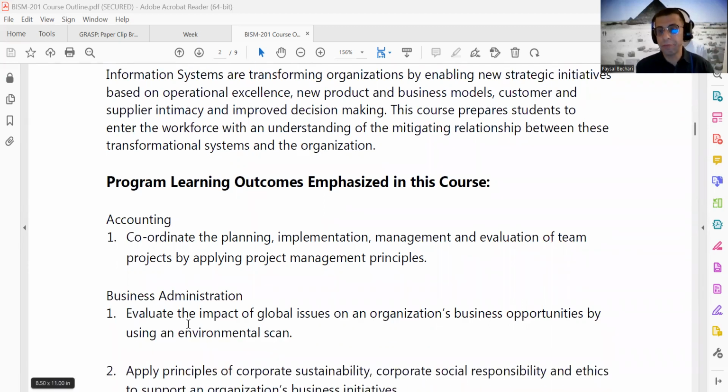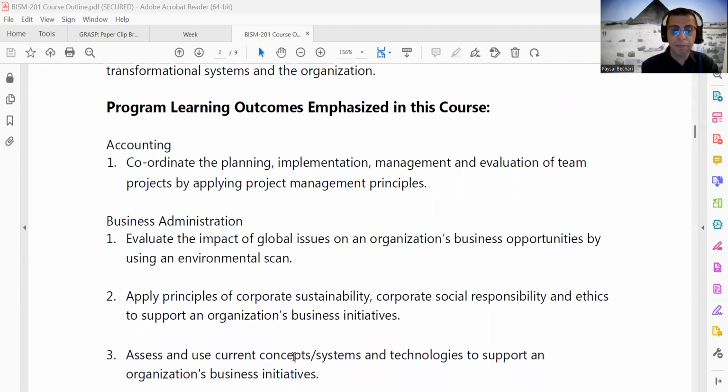We'll do business administration, where we evaluate the impact of global issues on organizational business opportunities by using the environmental scan. We're also going to apply principles of corporate sustainability, corporate social responsibility, and ethics.